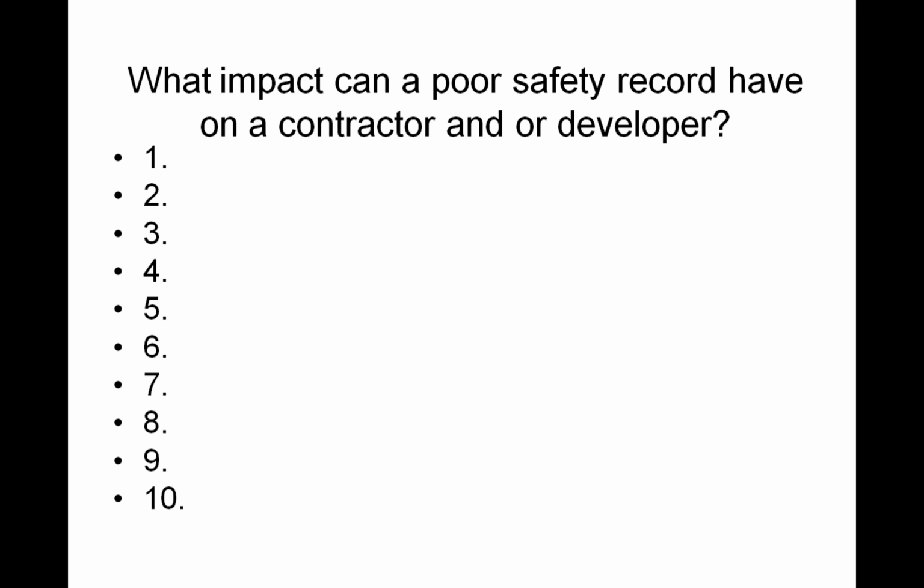So you can see that it has an effect on your reputation. It has an effect on your ability to get new work, if that's a requirement or one of the review criteria for getting the next job. Right? It can affect your budget if you have a poor safety record. And then, so that's just based on your record.